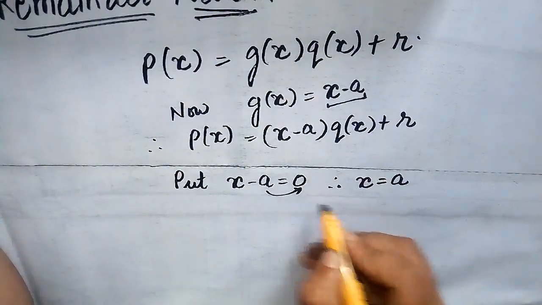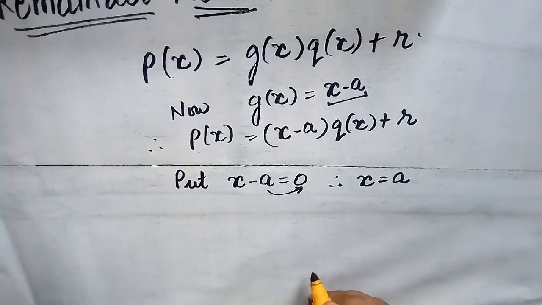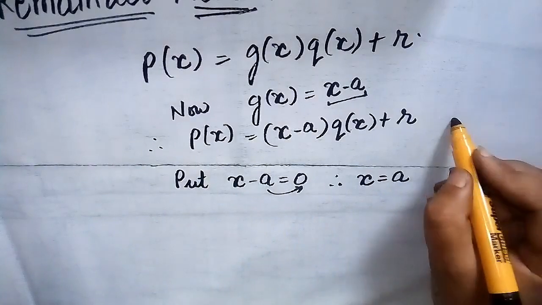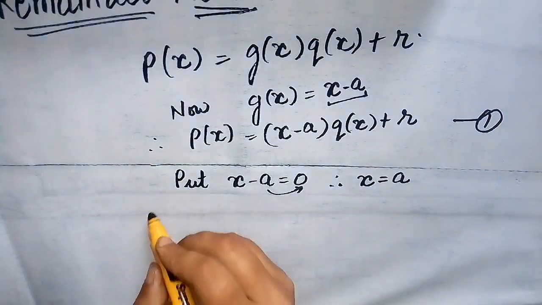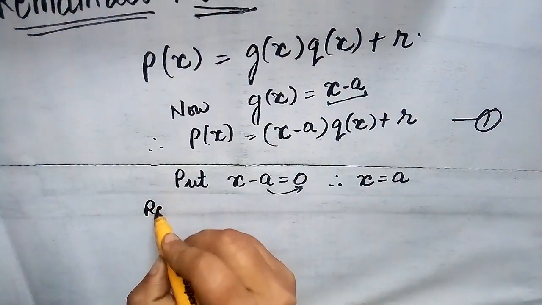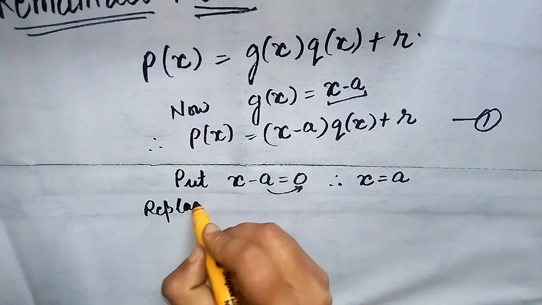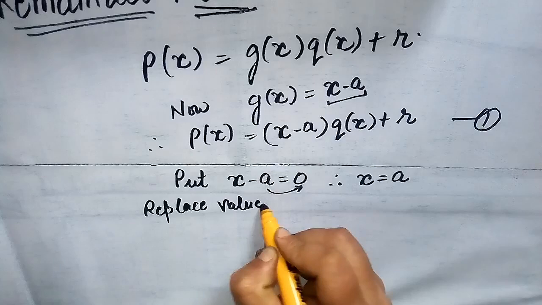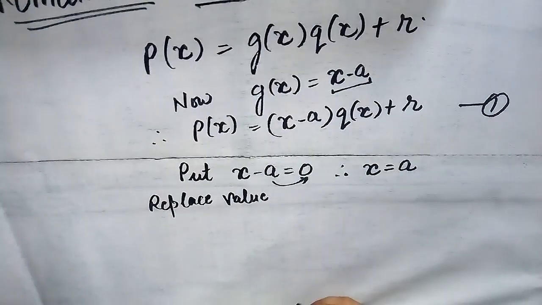Take a to the right side, it will become positive. Now see your equation number 1, and in this equation you have to replace the value of x. By replacing the value of x, you will get your solution.